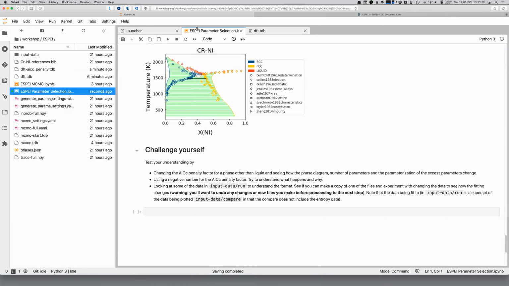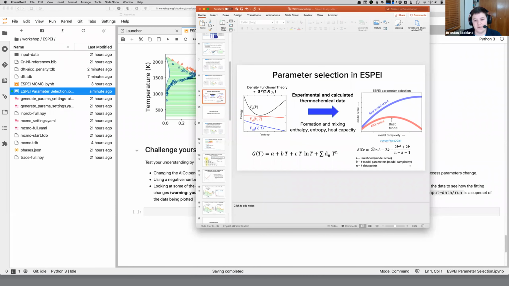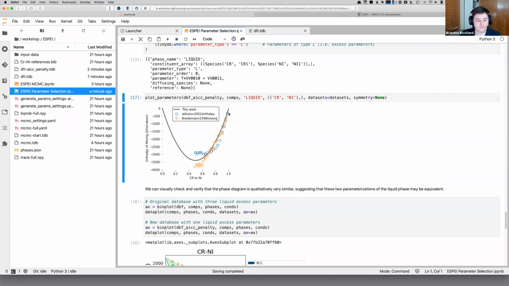Without a penalty, when you auto-generate, this always gives you like 3 or 4 or 5 interaction parameters. This depends on the data that you have. Yeah, it will depend on the data. Basically all it's doing is trying to optimize this AICC score. Maybe for this liquid, we had a lot of data, so we could be very confident with this N here.